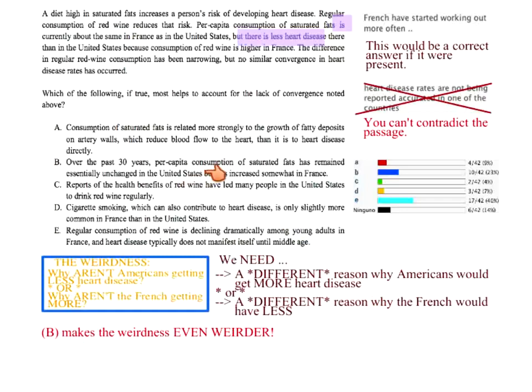The problem is that B is something that would raise the French rate of heart disease. If that's going on, then that makes this whole weirdness even weirder. So that's not what we want. So you can't just pick something that's relevant. You have to pick something that's relevant and goes the way you want it to go.